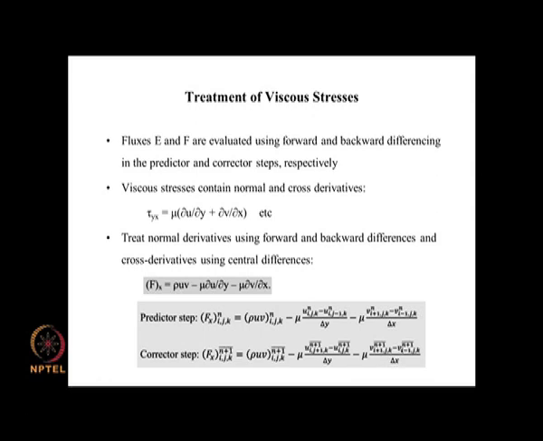So it is I plus 1, I minus 1, making it central here and central here, whereas this term in the f term is dou square u by dou y square, and therefore it is a normal term, evaluated as j minus j minus 1. So it is backward differencing, and here it is forward differencing, j plus 1 minus j.